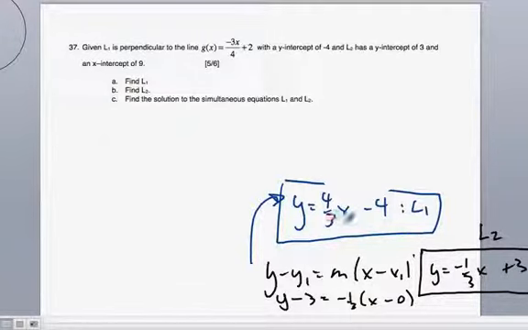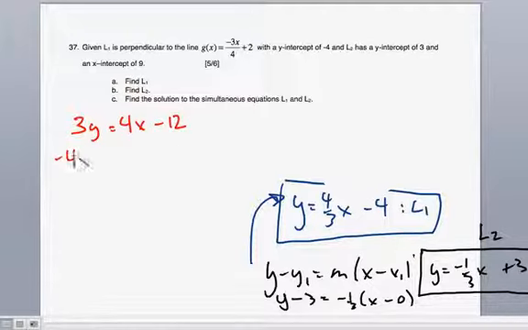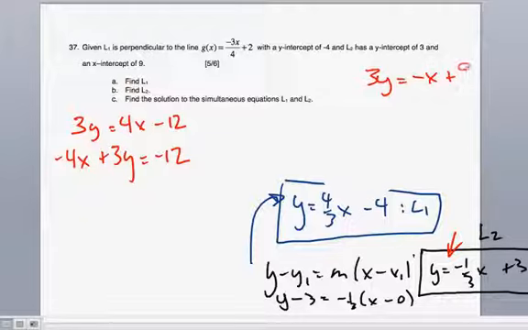I'm going to multiply this one by 3, so I get 3y is equal to 4x minus 12. Subtract the 4x, so minus 4x plus 3y is equal to minus 12. There's lots of ways we can do this. This one here, I'm going to multiply by 3, so I get 3y is equal to minus x plus 9.